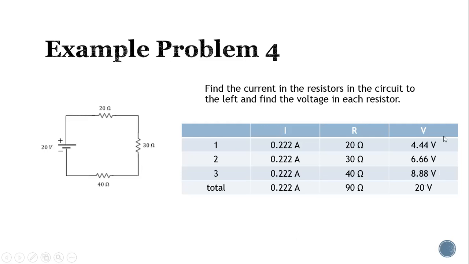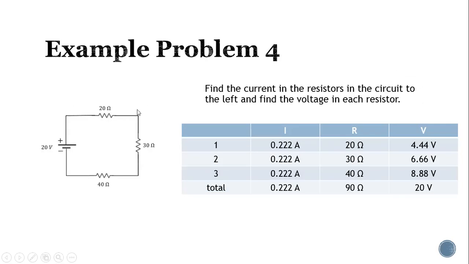One check that I can do is add these three voltages together and see, do I get 20? I think you get 19.98, which, well, I rounded this off to three significant figures. If you round 19.98 to three significant figures, you get 20. So that works out pretty well.